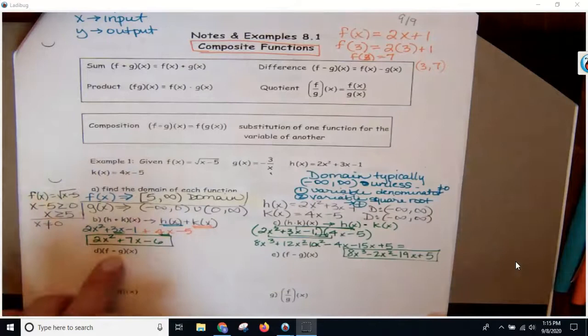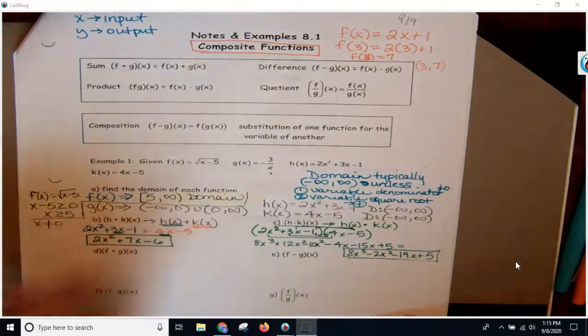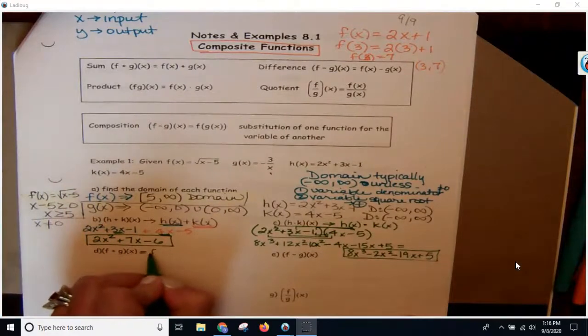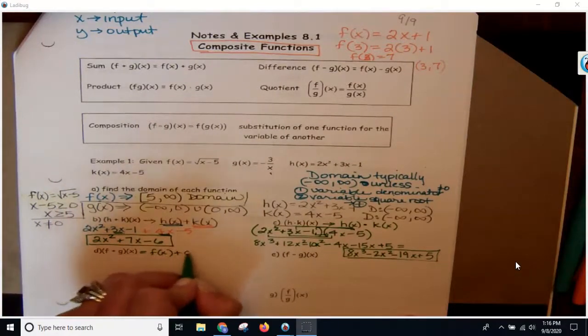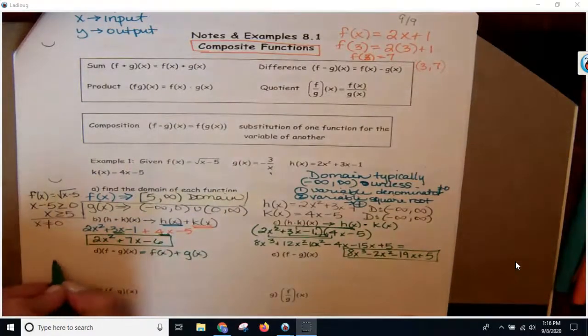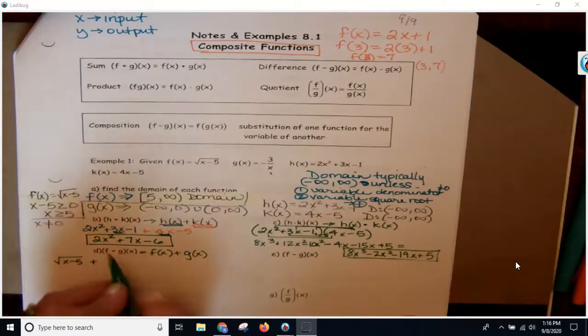Next, we are adding these. So we're going to just take f of x plus g of x. So my f of x is the square root of x minus 5 plus negative 3 over x.